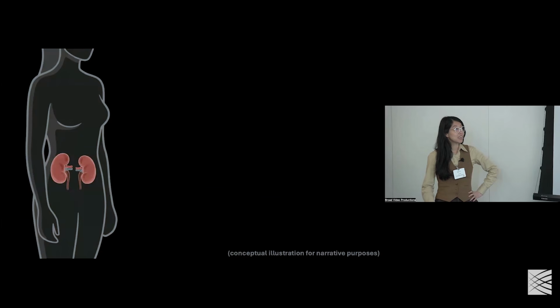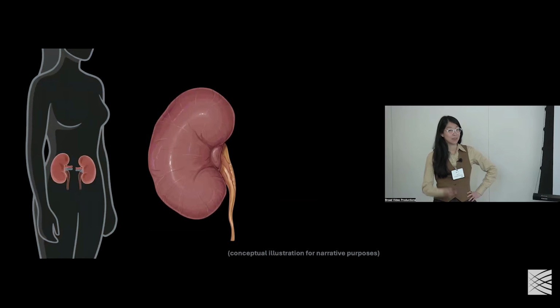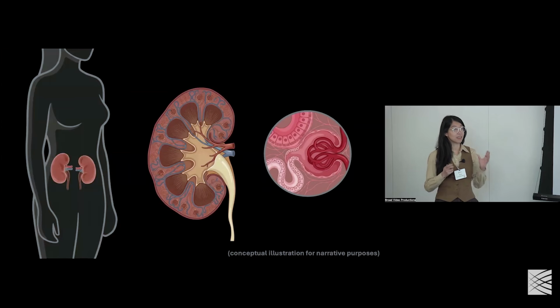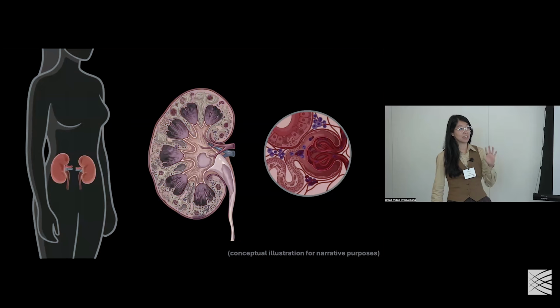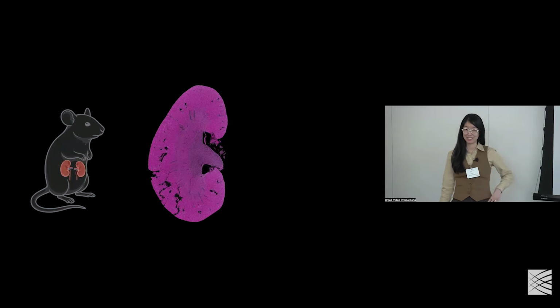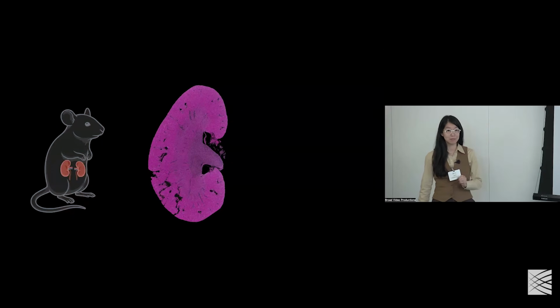And when we look at a complex organ like the mammalian kidney, we're quite interested in understanding, for example, how different cell types and cell states are structurally organized in this tissue, but also how this organization and these states potentially change in the context of diseases. So for us, we do work a lot with murine models. Humans are very large, so current spatial transcriptomic technologies are still quite limited in the size of the tissue that we're able to profile.